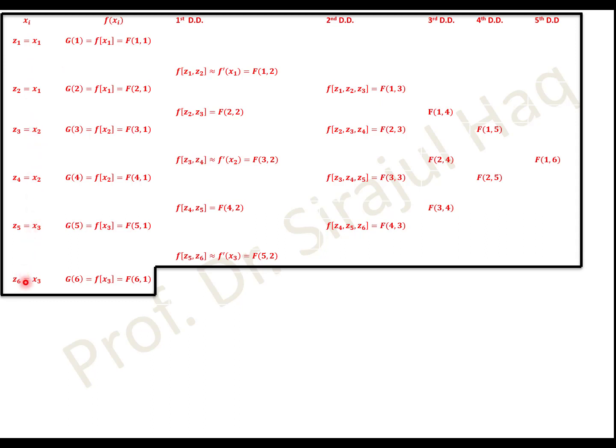I repeated the data points x1, x1, x2, x2, x3, x3. Similarly, f of x1, f of x1, f of x2, f of x2, f of x3, f of x3. But remember, f of x1 is equal to g of 1, f of x2 is equal to g of 2, g of 3 as well as g of 4, and f of x3 is equal to g of 5 as well as g of 6, which we generated.